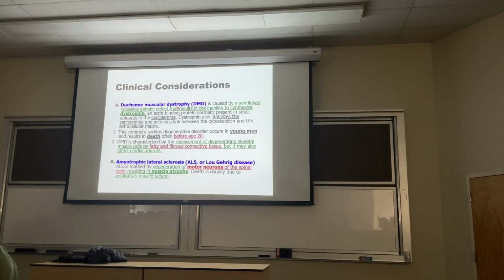Most of the cases of dystrophy, including Duchenne muscular dystrophy, the most common, the gene is on the X chromosome. So they affect males at a much higher rate than females. It's X-linked, and this can cause death before the age of 20. Some individuals live up to 30 or so, but oftentimes death occurs before that.